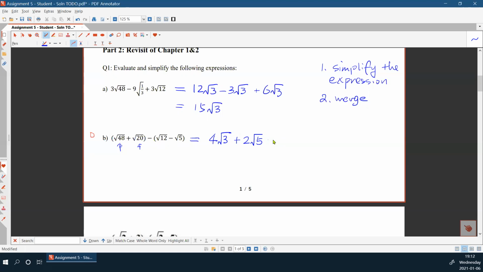And next one, minus. Pay attention to the sign here. Minus square root of 12 is 2 times square root of 3. Next, minus is positive. Okay, pay attention to the sign.